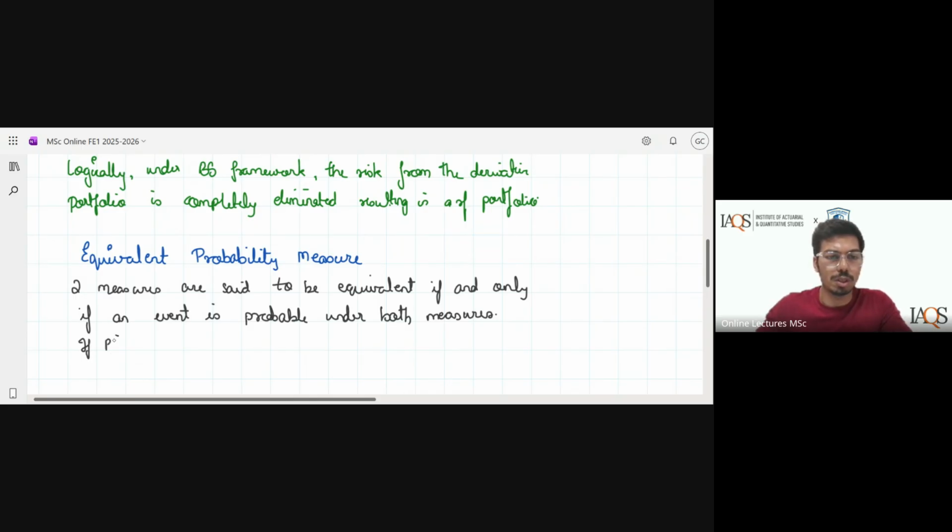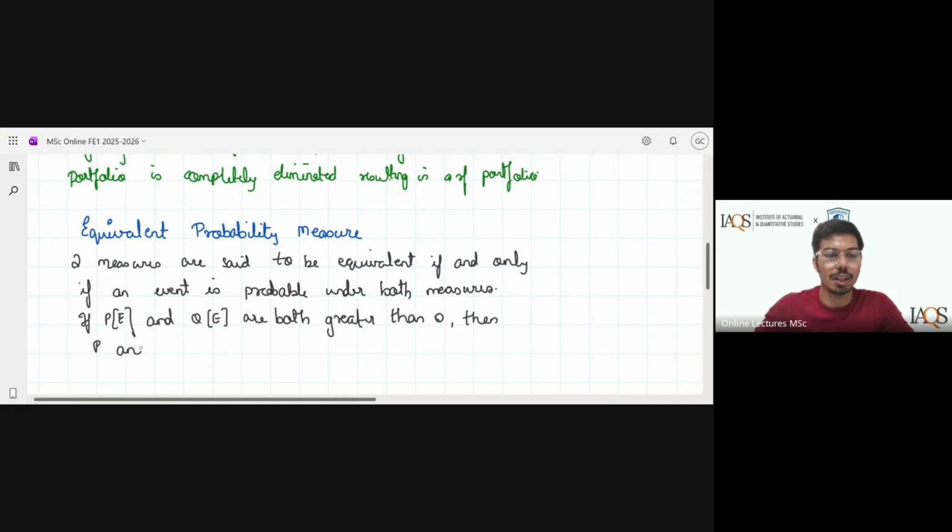If the probability of event E under P and under Q are both greater than 0, then P and Q are equivalent probability measures. Just copy this down, I'll explain.